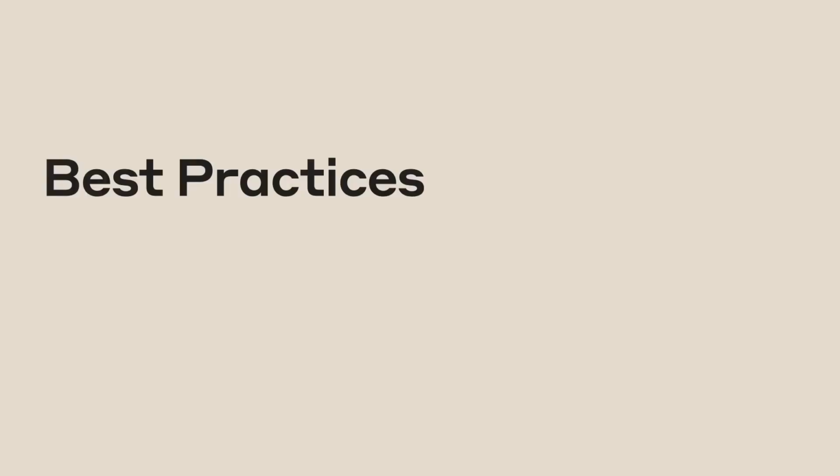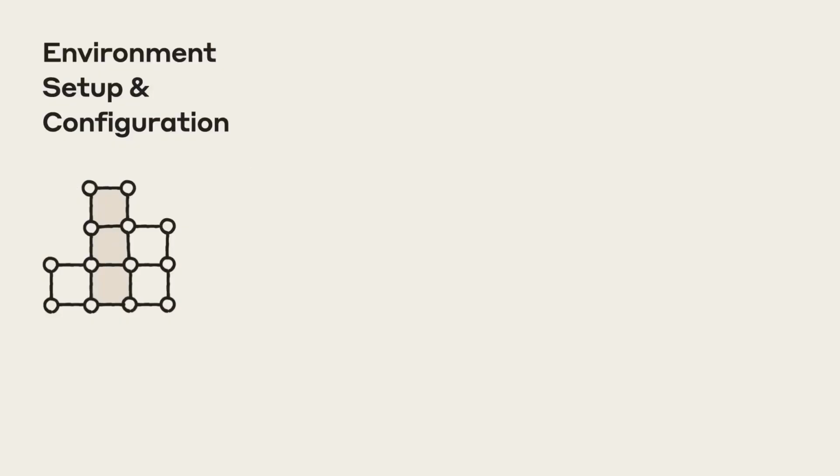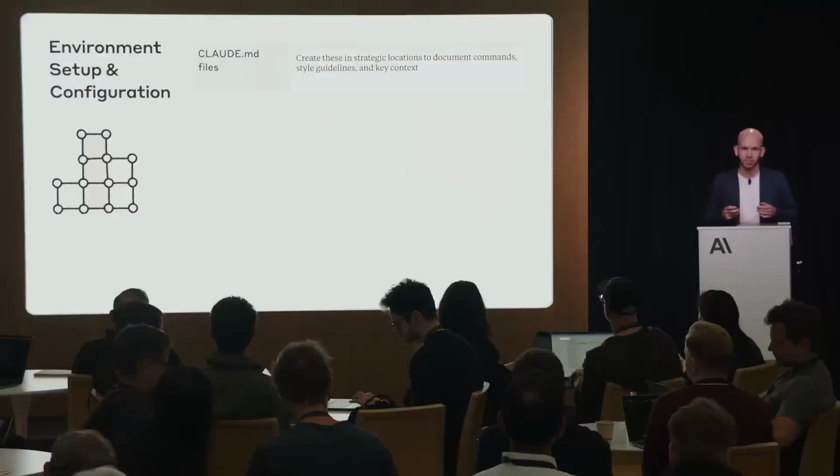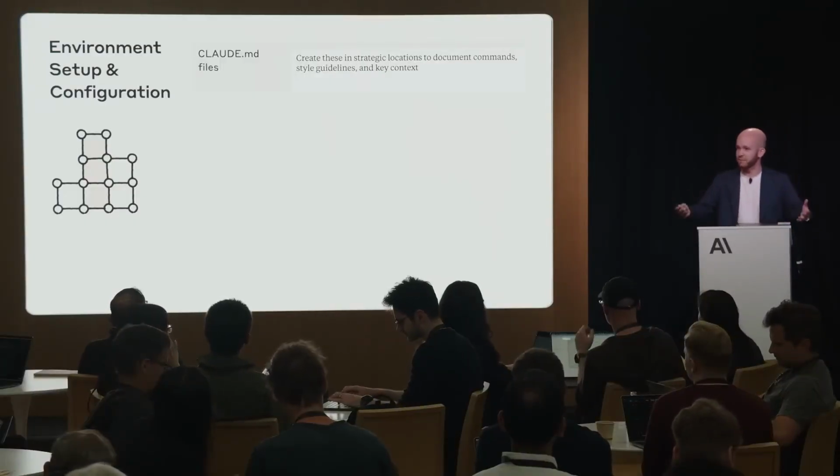Now, let's talk about best practices. The first one is not going to be a surprise: use claude.md files. Remember that Claude Code is an agent, and it has some tools. It has some lightweight instructions in the prompt, but it doesn't really have memory.